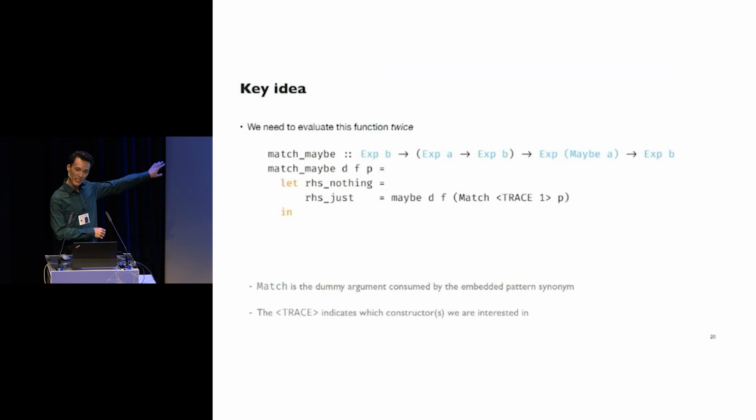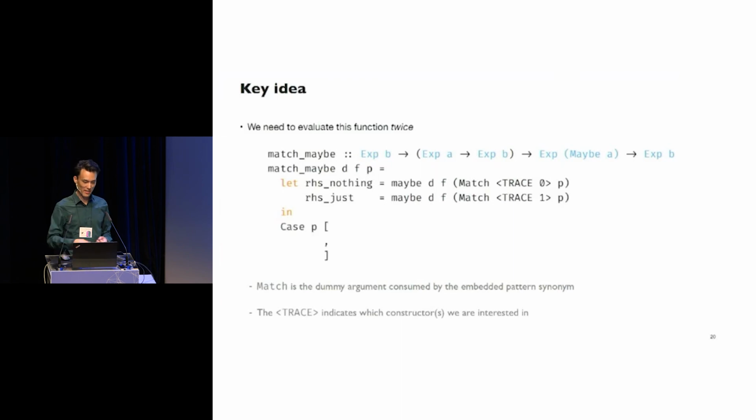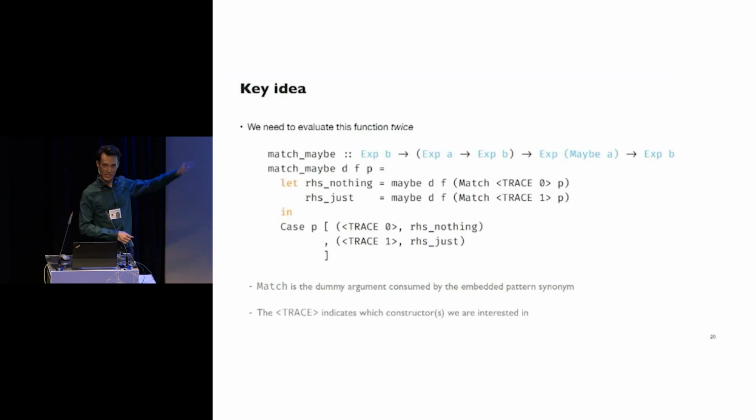Match here is this dummy argument that's going to be consumed by the embedded pattern synonyms, and this trace is just this thing that's telling us which are the constructors that we're interested in looking at. You do the same thing for the Nothing. And now that I have both of the right-hand sides, I can build this embedded case statement that has the right-hand sides for each of those. Just put it all together.